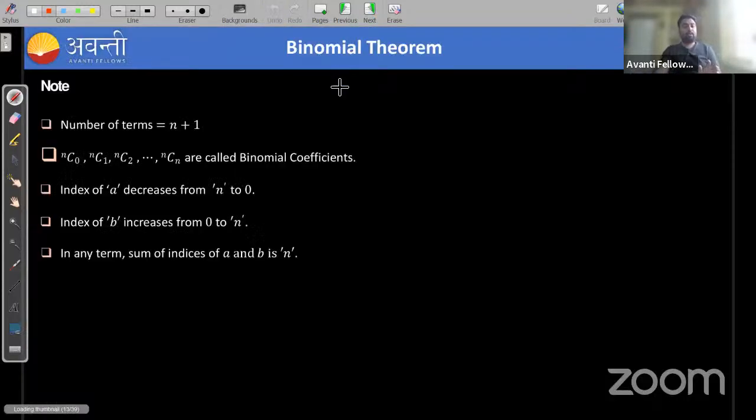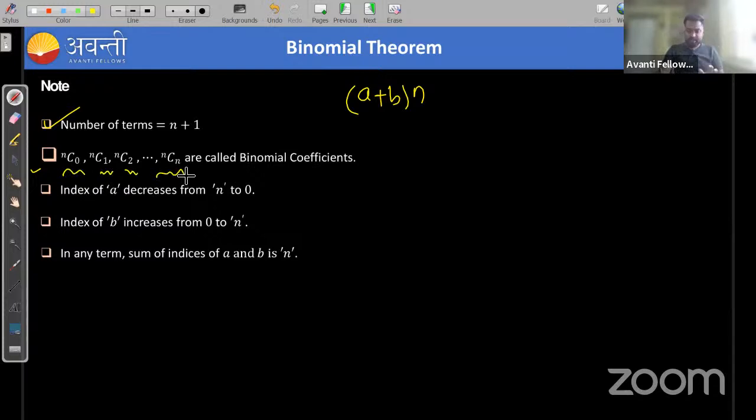Let's move. Now, binomial theorem, total number of terms. If I consider the binomial expansion (a plus b) to the power n, then the total number of terms is n plus 1, and the binomial coefficients are nC0, nC1, nC2 up to nCn.